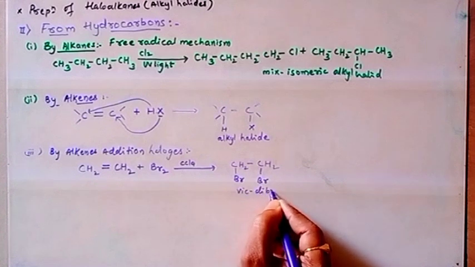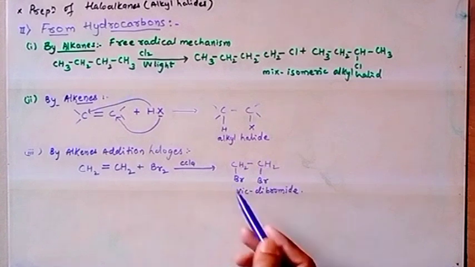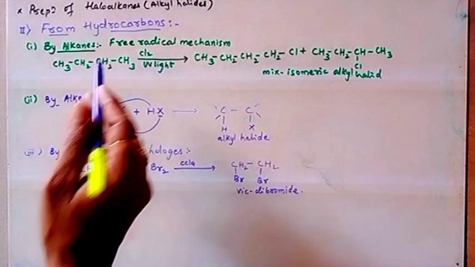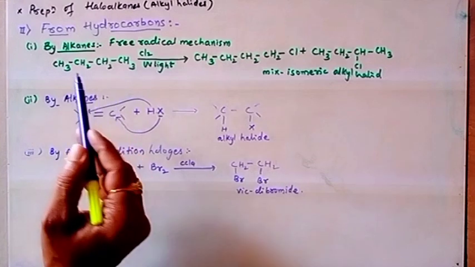So this is a vicinal dibromide. This is also an alkyl halide.